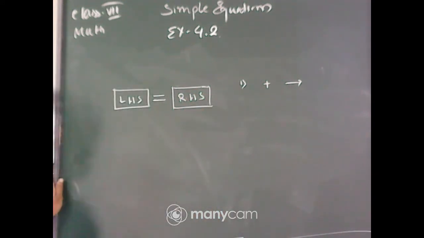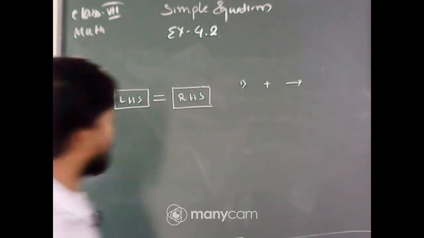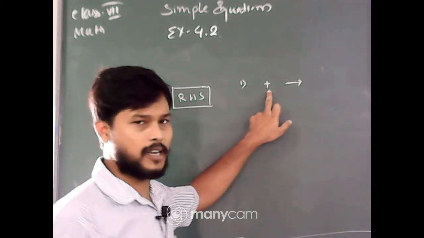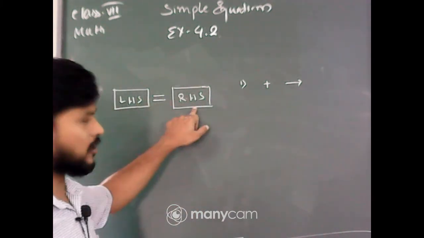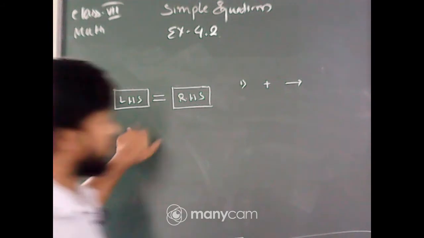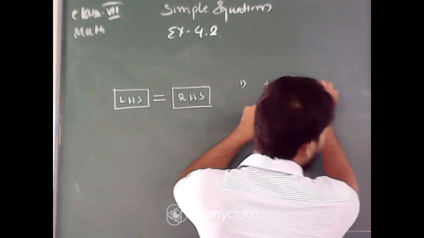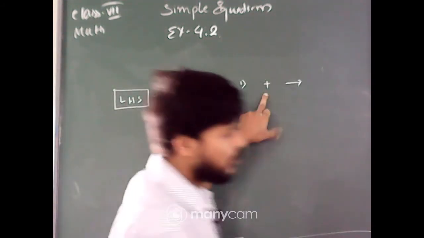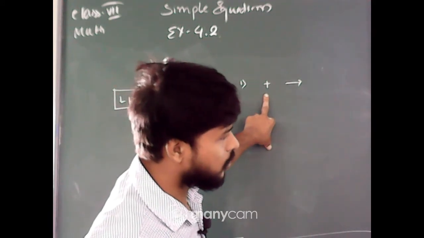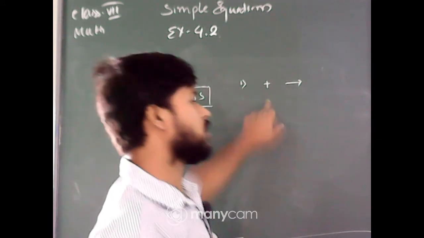So if I shift any term which is in positive sign from left hand side to right hand side or right hand side to left hand side, the sign of that term will be converted into, do you know in which sign it will be converted into?